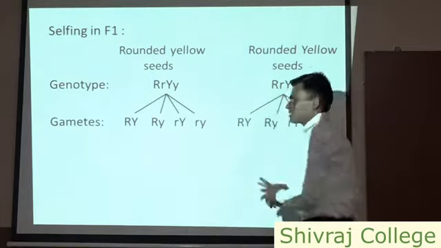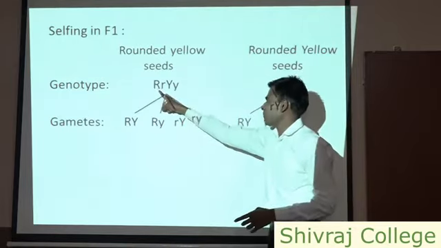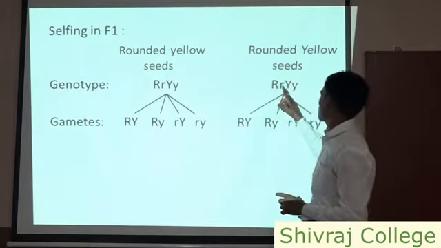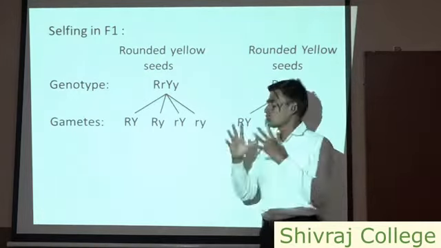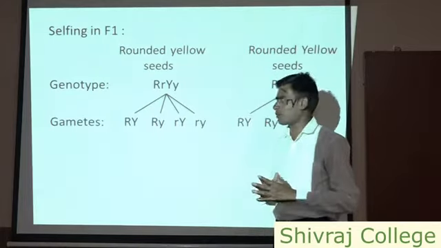Both have the same phenotype and the same genotype, capital R, small r, capital Y, small y. Both phenotype and genotype are the same. When the F1 plant is self-crossed, we call that selfing of F1.